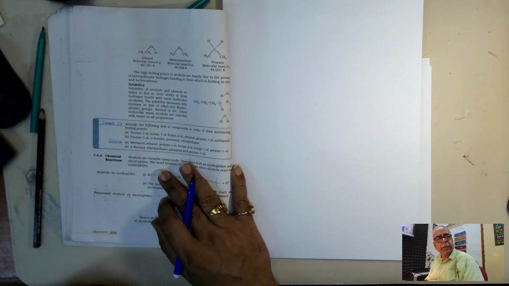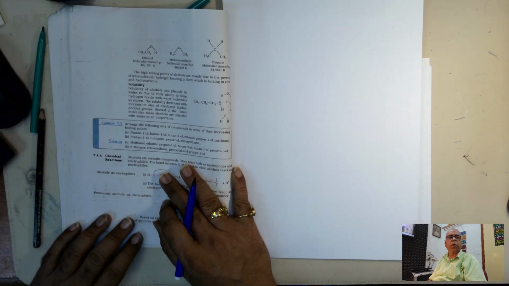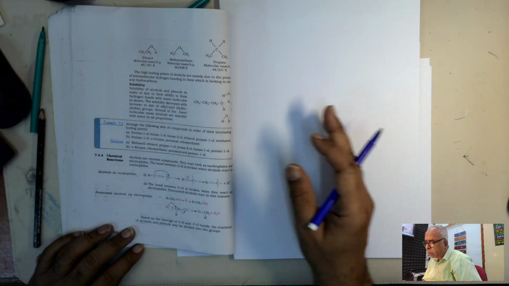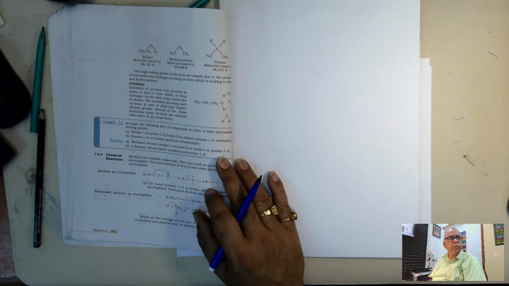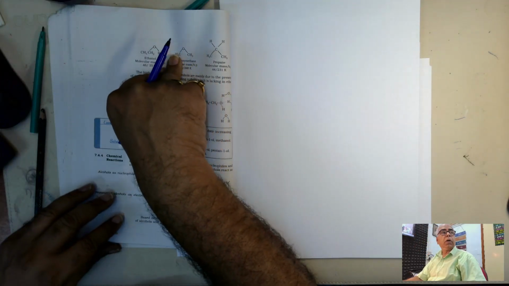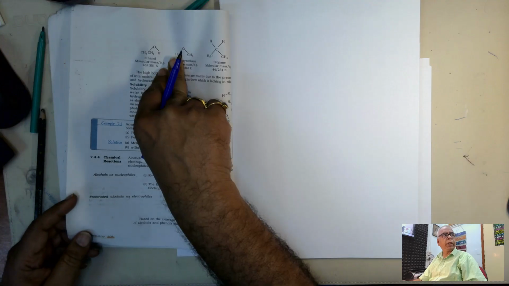Why? Because they can very well form hydrogen bonds with water. So that is the reason. And when you increase the number of carbon atoms in the chain, definitely that decreases the solubility. And when you increase the branching in alcohol, that decreases the boiling point.